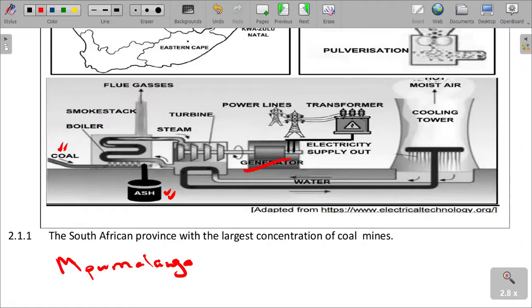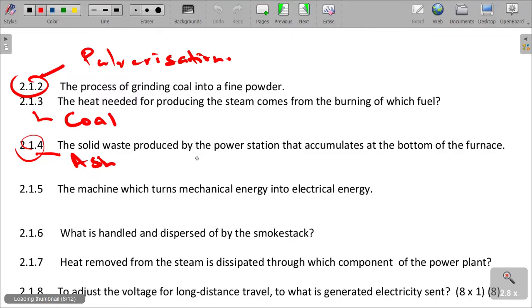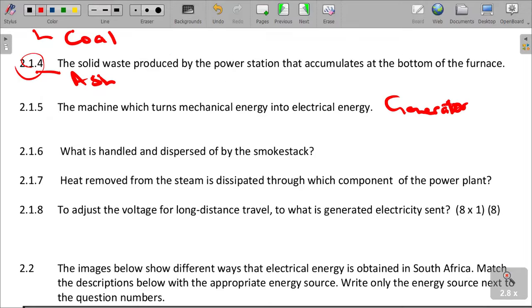So the generator is the machine that is responsible for that. It is the generator.